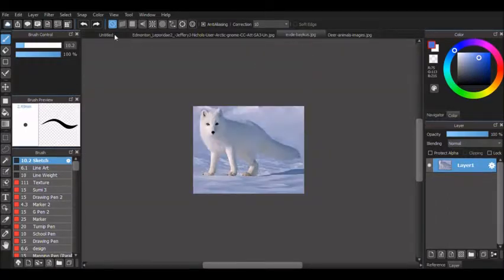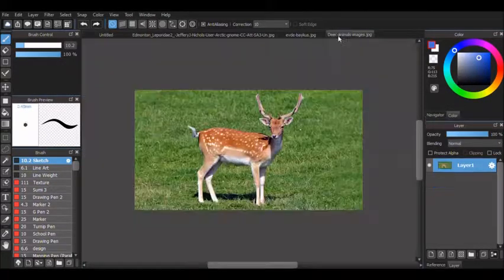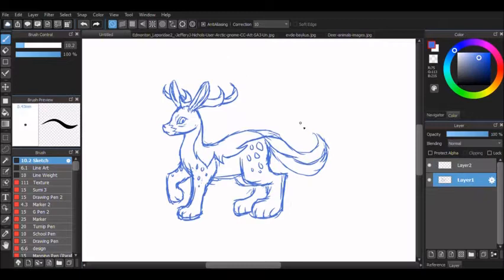For the fox, I also did its muzzle and its tail and its hindquarters, sort of. And for the deer, I did part of the tail, its leg structure, and its antlers, of course. So all I need to do now is to finalize it into a picture and experiment with the colors.